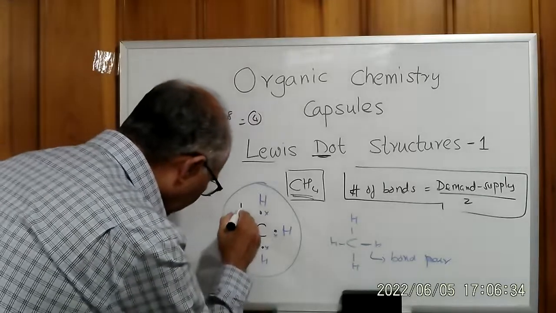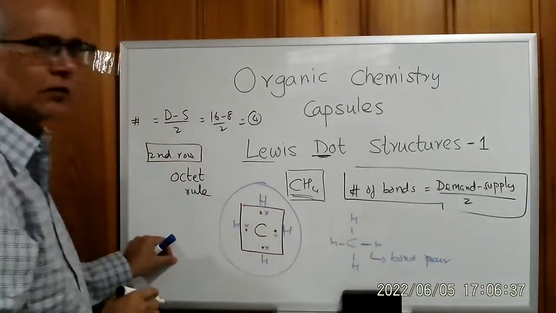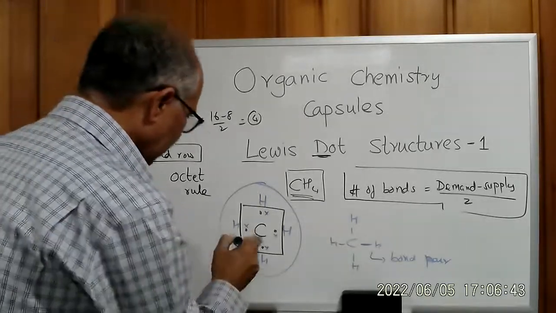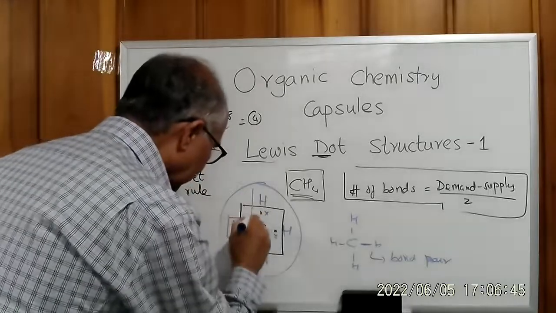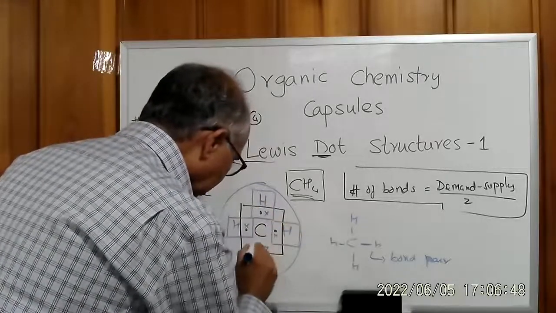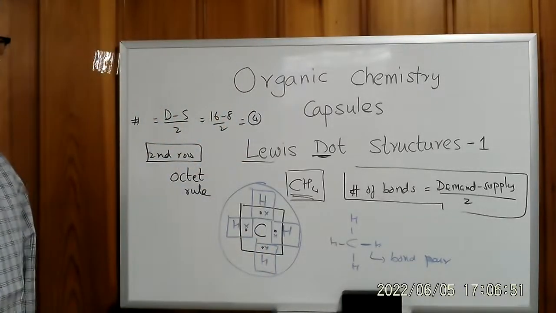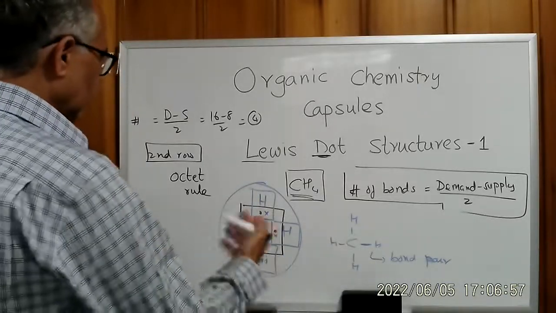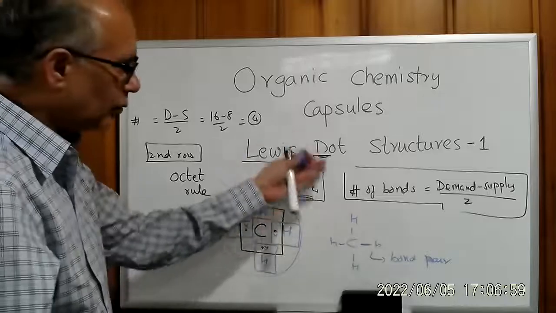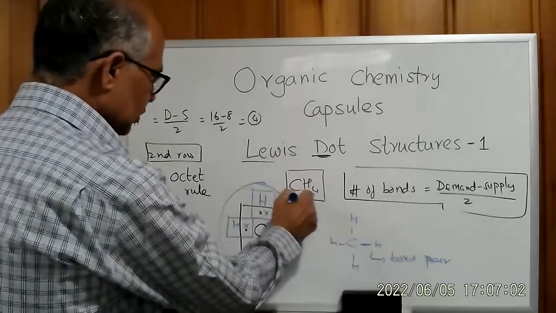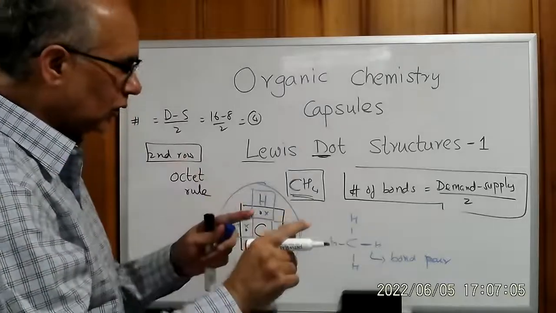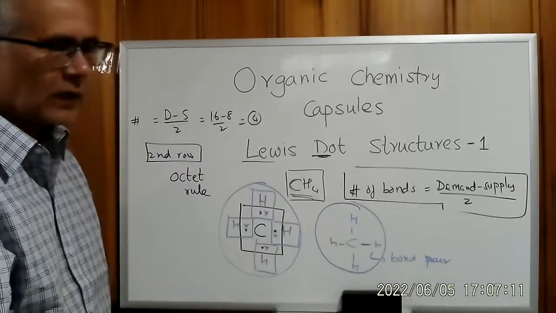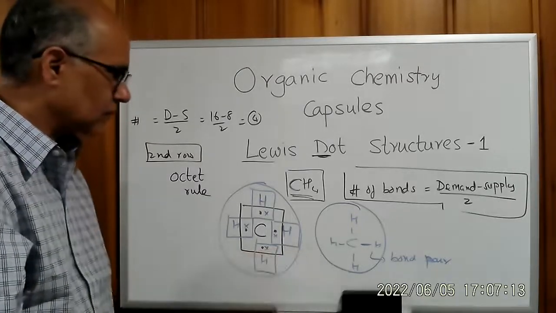You see, carbon has 8 electrons around it, and each of the hydrogen atoms demands 2 electrons around it, and each has 2. So all the hydrogens are happy, and so is the carbon. They share the electrons and make 4 bonds, and you have methane. CH4 is the molecular formula, whereas this one is a structural formula. This is a simple compound, so it looks easy.